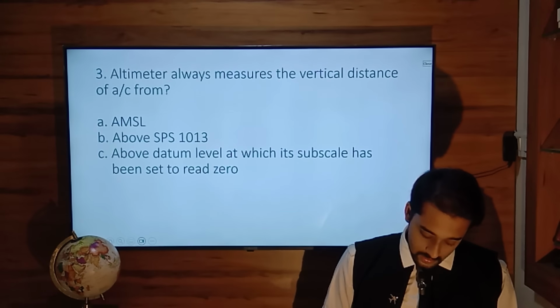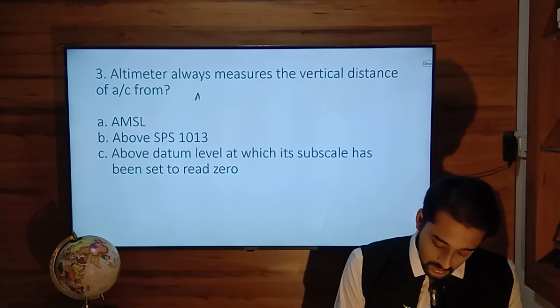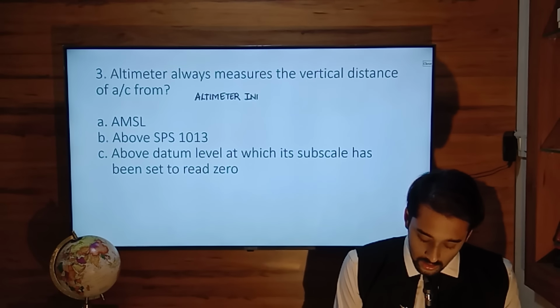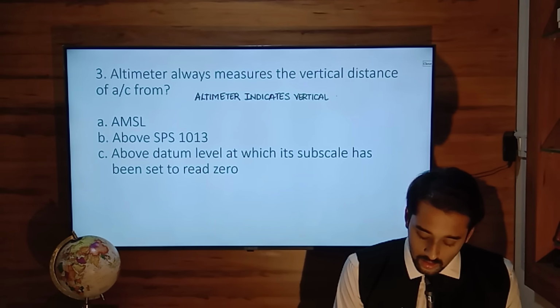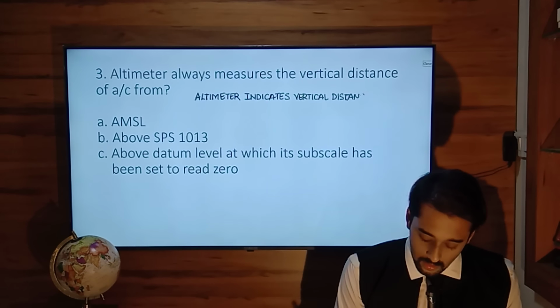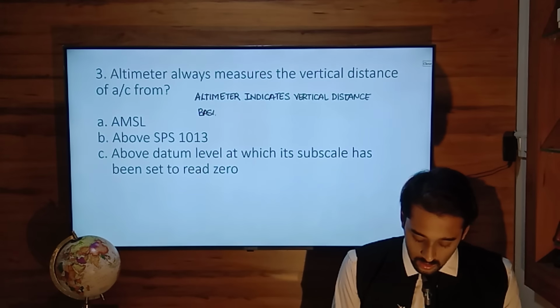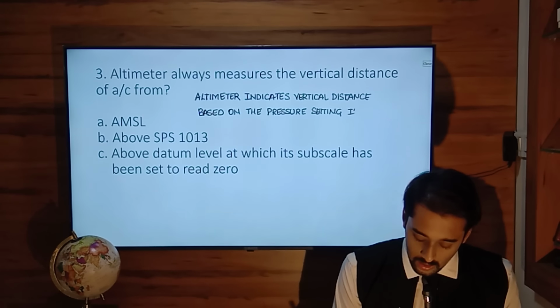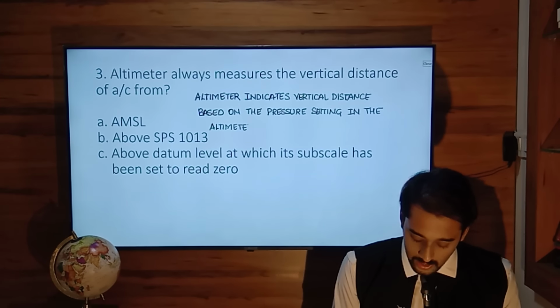So what does the rule say? The rule states that the altimeter indicates vertical distance based on the pressure setting in the altimeter setting window.